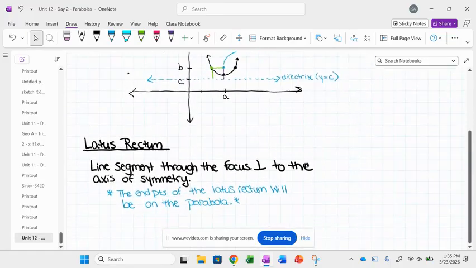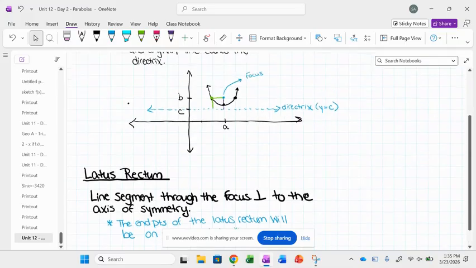Okay, so the latus rectum is a line through the focus perpendicular to the axis of symmetry.